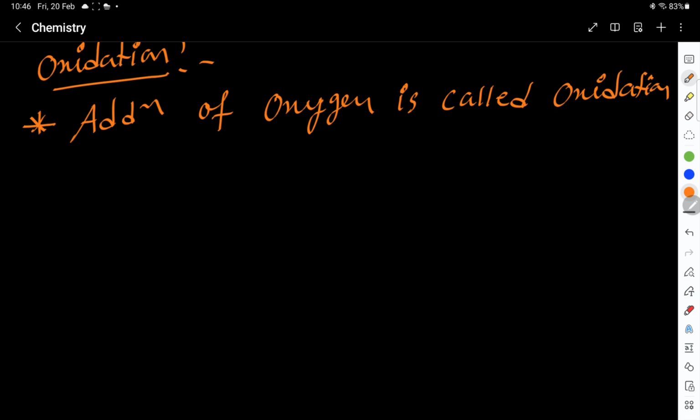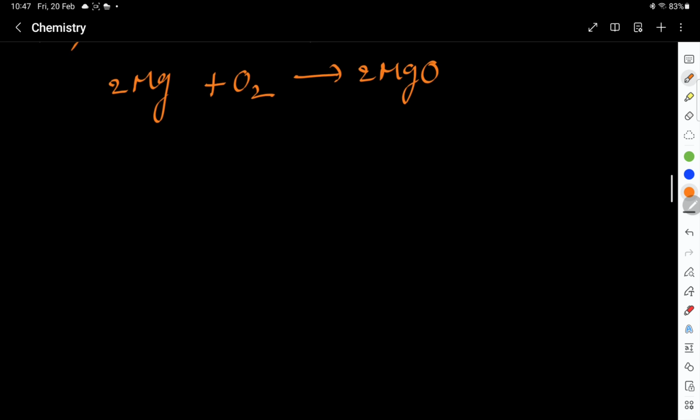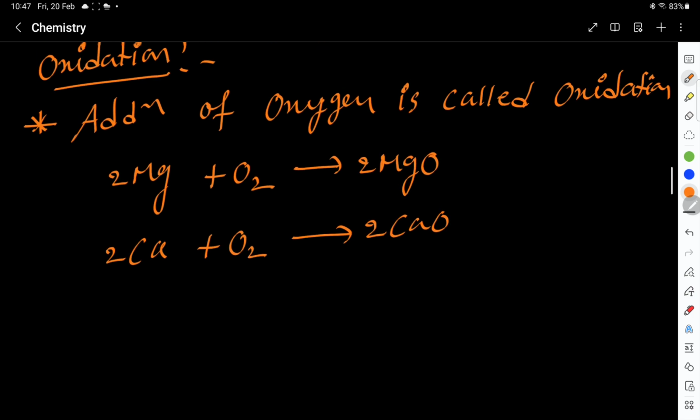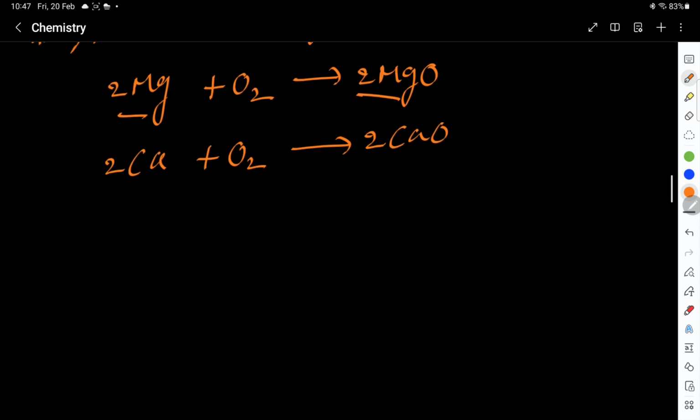Yes, in this way we can show. For example, if I take some metal like magnesium plus O2, it gives rise to 2MgO. If I take calcium, when it reacts with oxygen, it is converted to calcium oxide. This is oxidation. Who is undergoing oxidation? Magnesium.